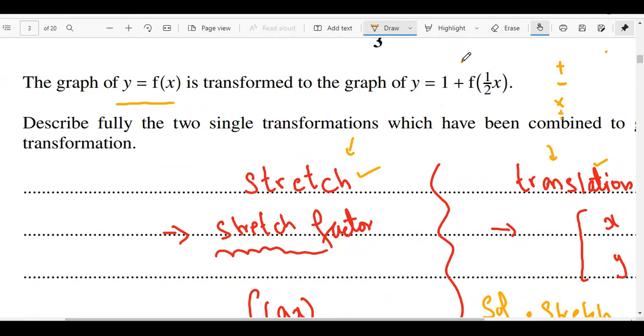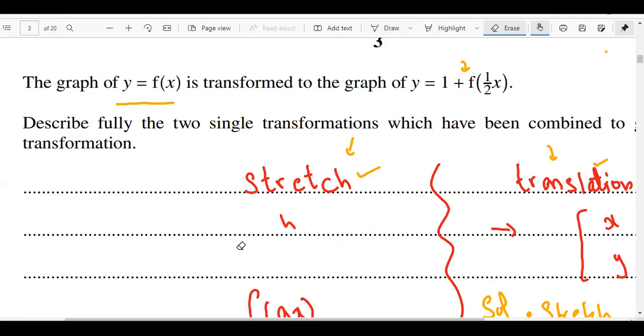If you are multiplying something with the function directly, that would be stretching your curve along the y-axis. If you're multiplying by 1 by 2, that would basically squeeze your shape by a factor of 1 by 2. I'm talking about y.